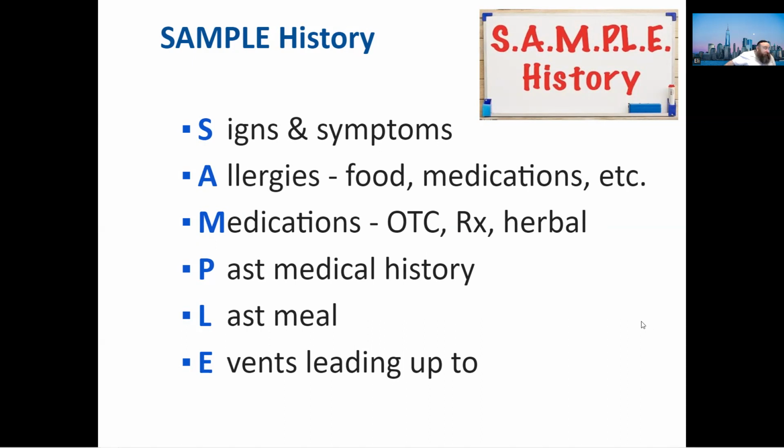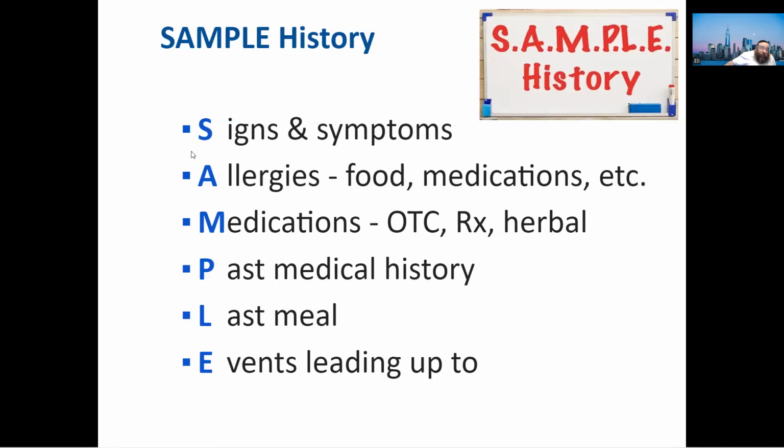The way you do it on the exam at the end is you ask the examiner, the instructor, is there anybody with the patient who can answer SAMPLE history? And there will not be, and that's it. You get 1 point on the test just for mentioning SAMPLE history.